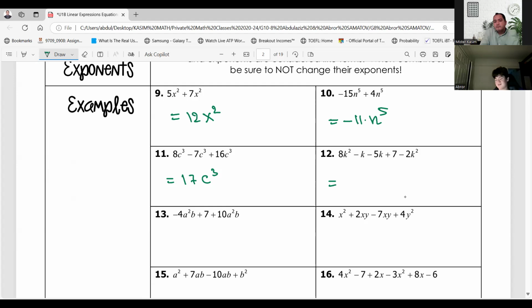Done. What is it? 6k squared, not 2. We say squared. 6k squared minus 6k plus 7.